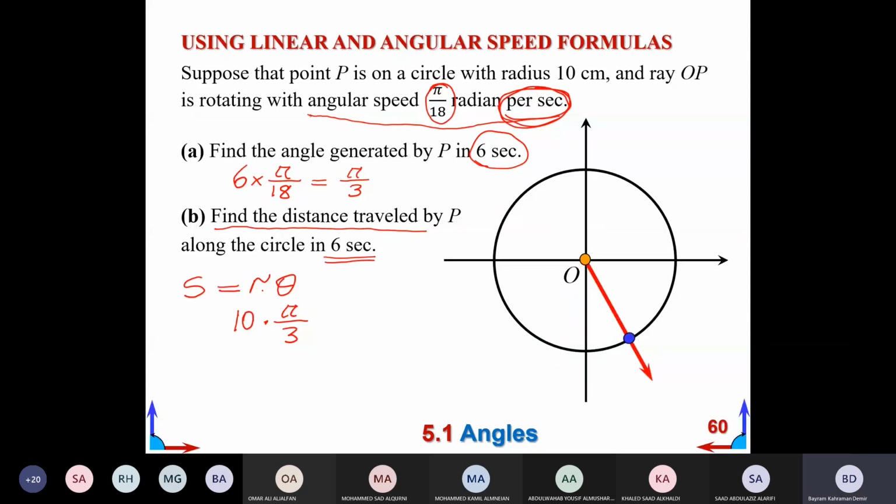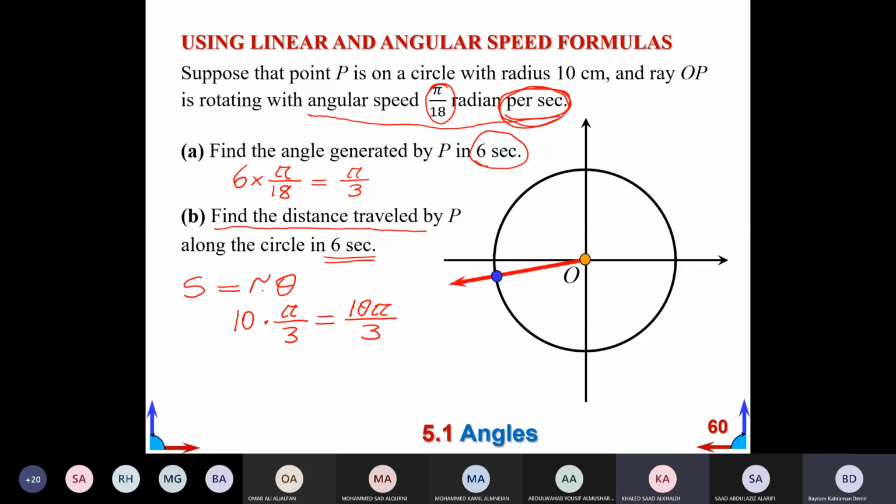So basically, the answer is 10 pi divided by 3 centimeters. Now make sure, Shabab, you are understanding this basic logic. Please ask me anything confusing you.